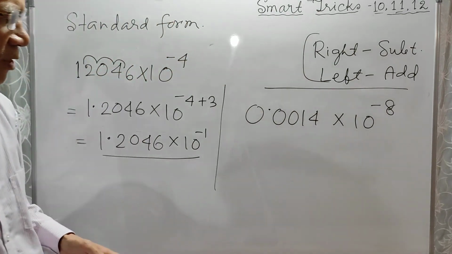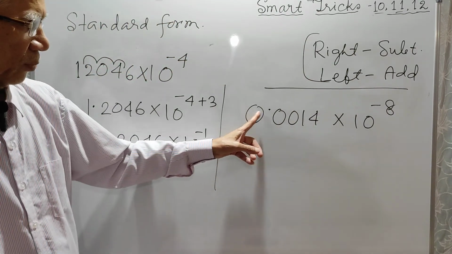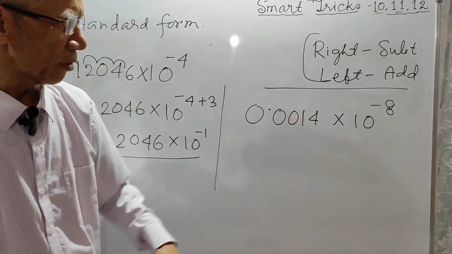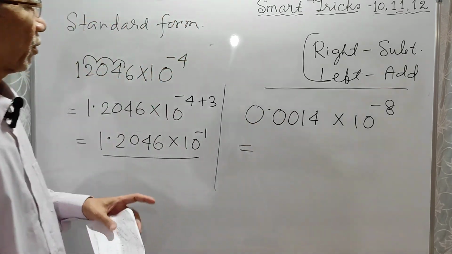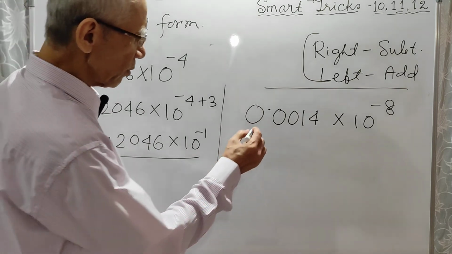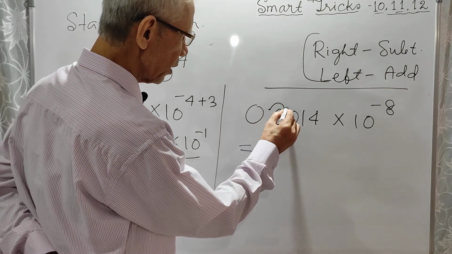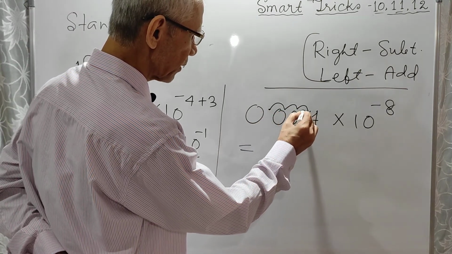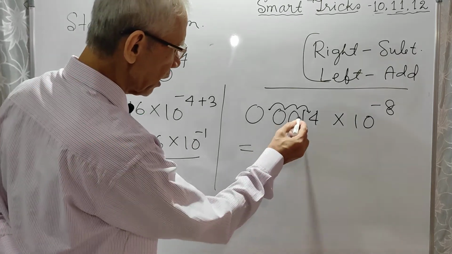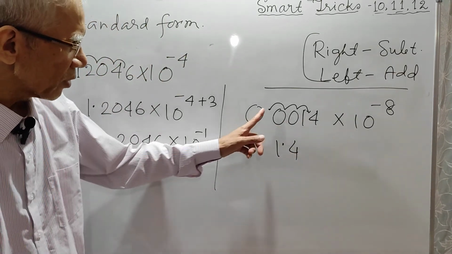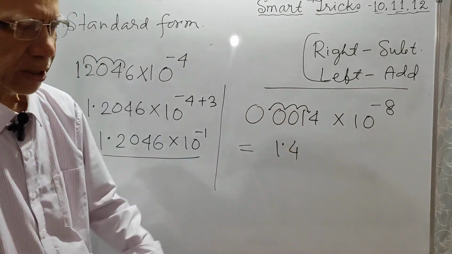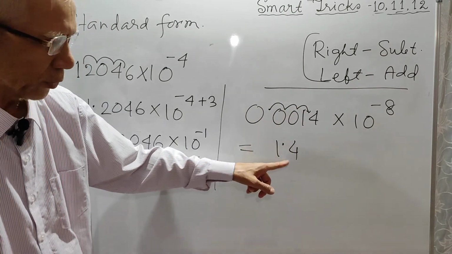Yeah, quite a big index, minus 8. So you must express it in what? Standard form. Now for standard form, you must shift the decimal 1, 2, 3 digits to the right. Then it will become simply 1.4.